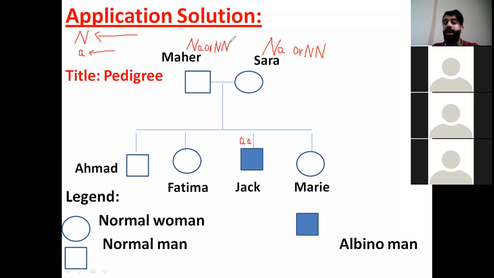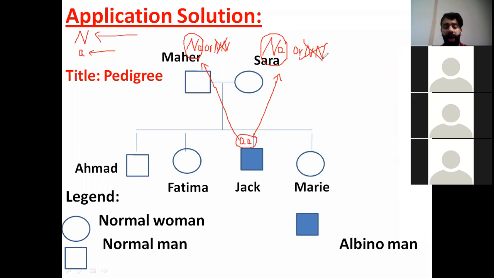But since they gave birth to Jack, having genotype AA, Jack should inherit allele A from each of his parents. So they should be NA. There is no possibility to be NN, because then Jack would be normal. So that's not the case. So it's NA. This is the explanation here.